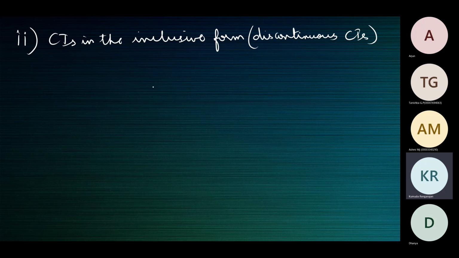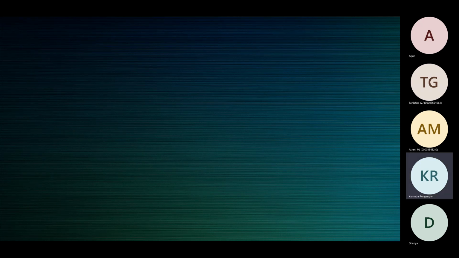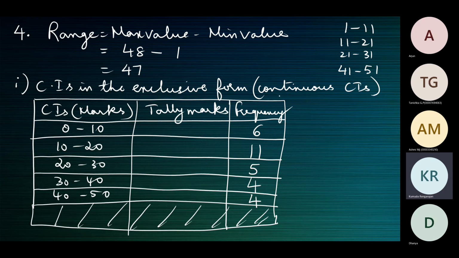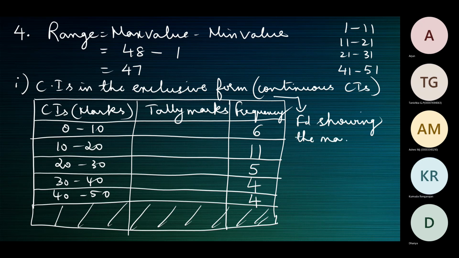See, this is not the table heading, children. The table heading will be frequency distribution showing the marks scored by 30 students in a class test.